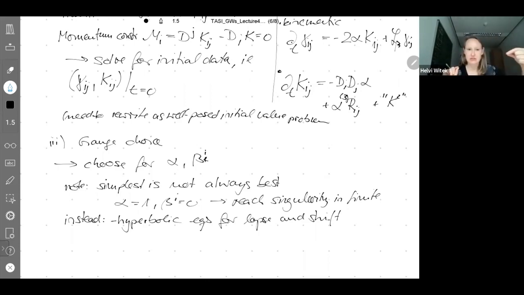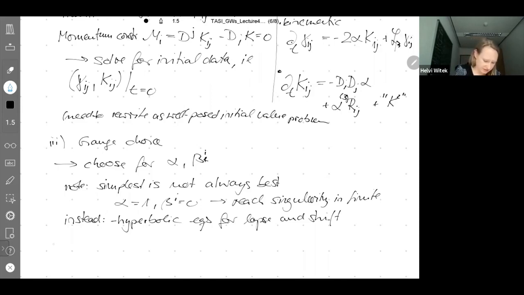This will lead to deformation of the space-time, and the way we choose the shift evolution equation counteracts that, so that we don't get too strong gradients and everything still behaves nicely numerically. Again, I'm not going to go into any of the details here. So this gauge choice is a little bit how we treat singularities.